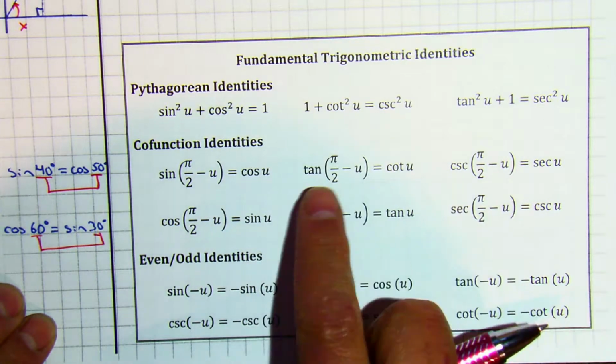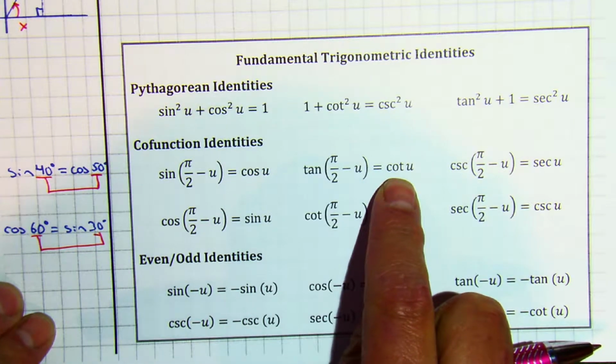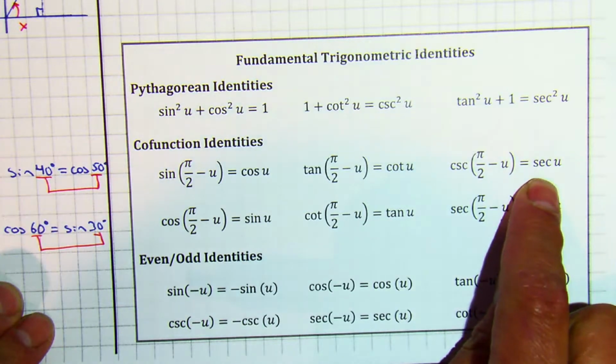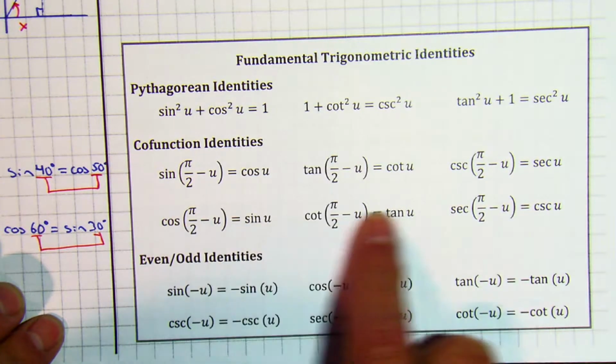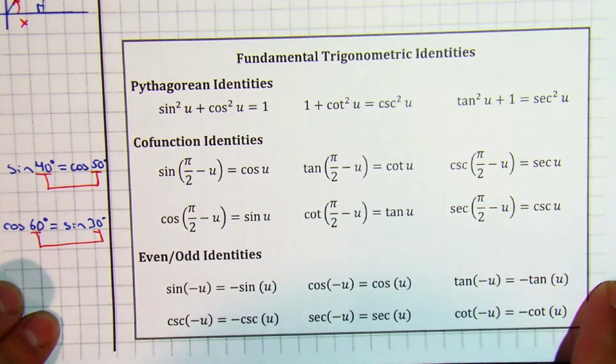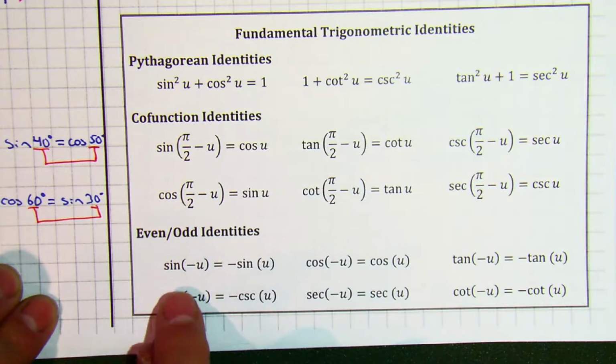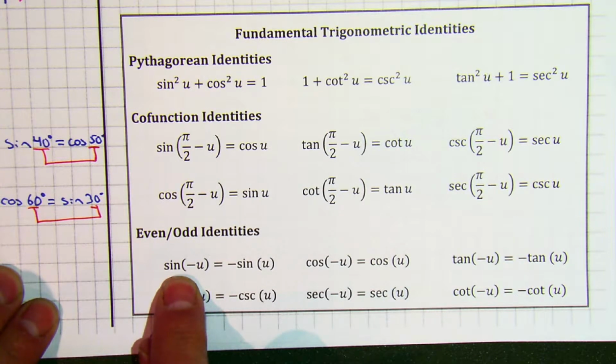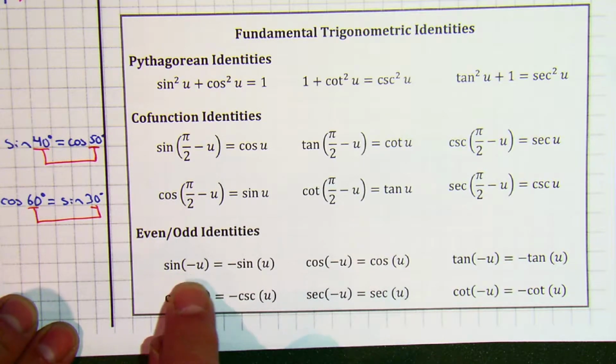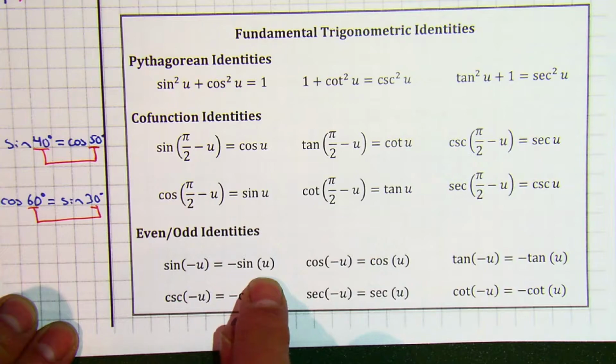We know that tangent and cotangent are cofunctions of each other. Cosecant and secant are cofunctions of each other. So this is something that you need to keep in mind for some of the problems that we are going to be working. When we graph sine and cosine, we talked about sine being an odd function, correct? If you plug in the sine of negative u, you end up with negative sine of u.